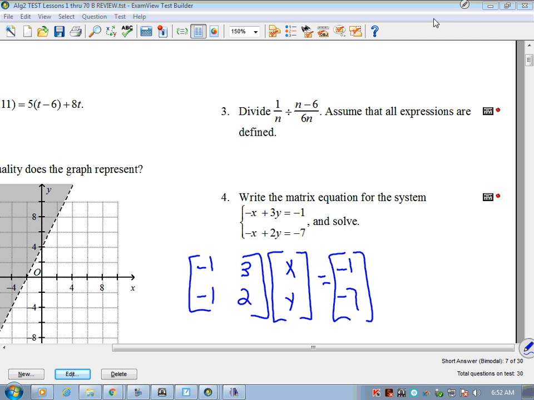Now, if I wanted to solve this, what I would do is I would do the RREF of this matrix right here and hit enter. So negative 1, 3, negative 1, negative 1, 2, negative 7. Let's come over to our graphing calculator and actually work that out.